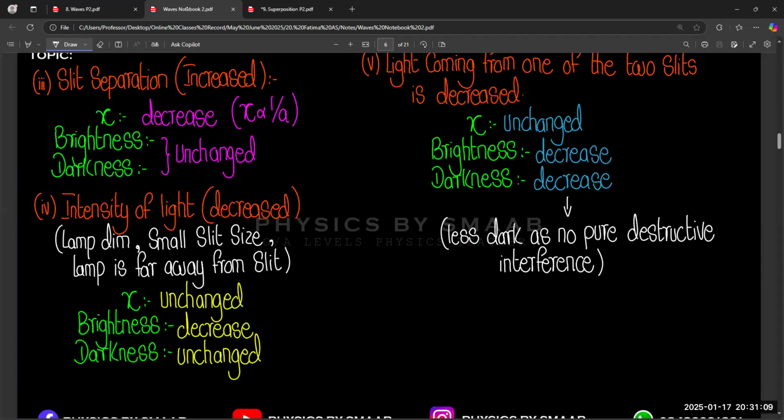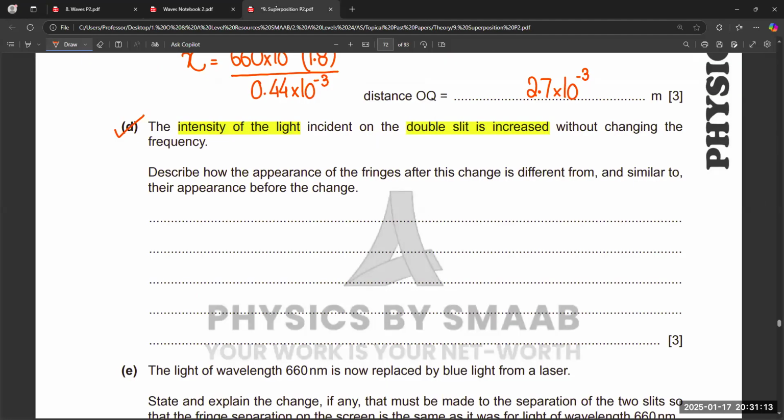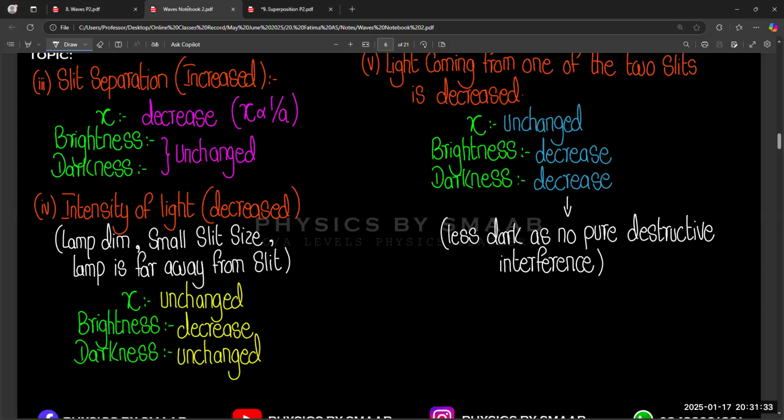When intensity decreases, only brightness decreases. Now intensity is increased without changing frequency. Frequency is not changing, only intensity is changing.